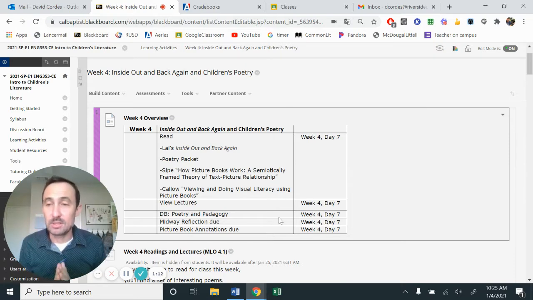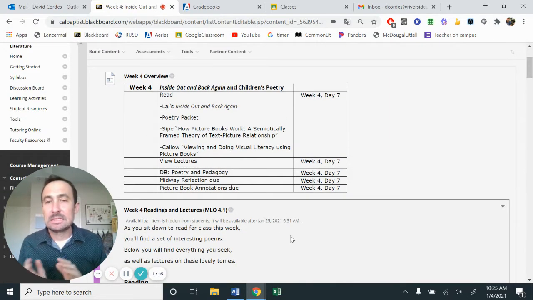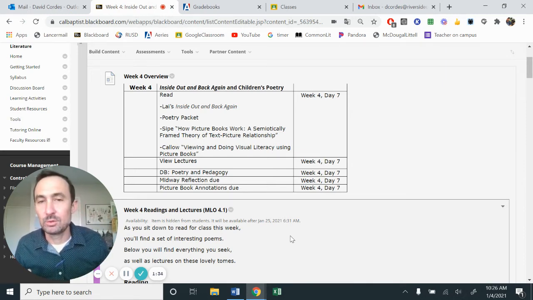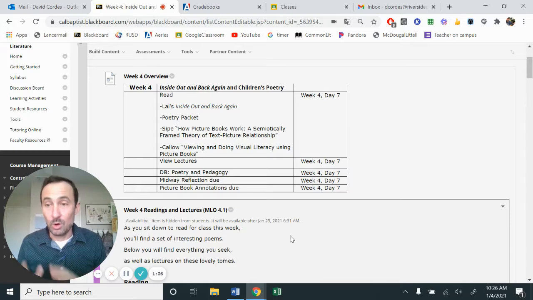Up here first, you see the overview of the week. We're reading the primary text Inside Out and Back Again. Fantastic read. You'll enjoy that. It is very poetic as you go through it, exposing yourself to the rich language. There's a poetry packet, certain poems that we want you to go over, review, and be familiar with.